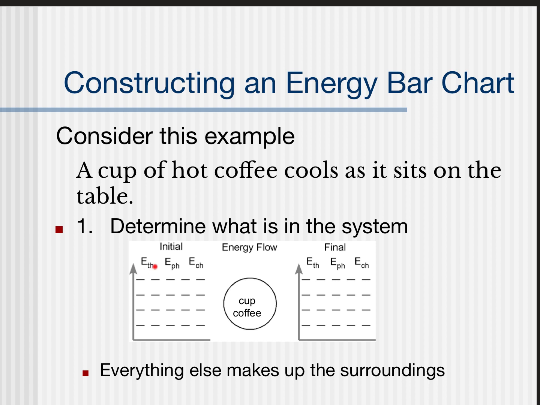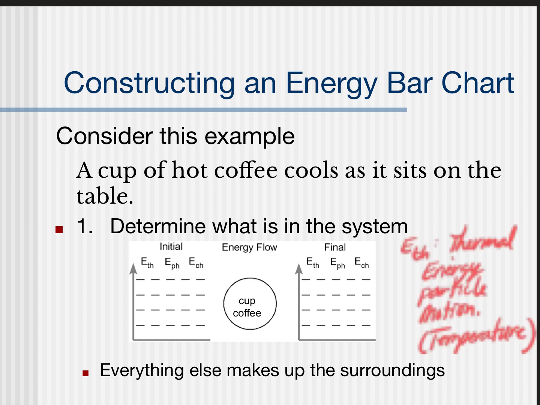We've got three ways of storing energy here. ETH is thermal energy, so the energy of moving particles. I should write this down. ETH is thermal energy: energy stored thermally, energy stored in the motion of particles.